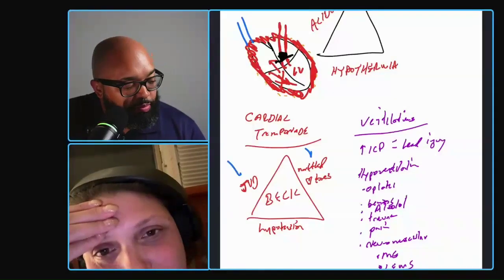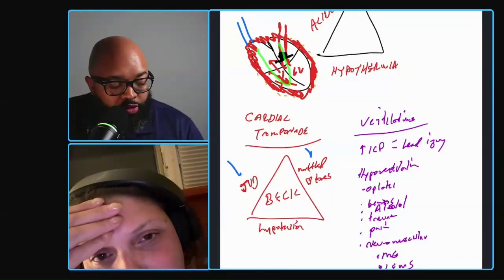Okay. The JVD is because of a backup. Since blood is not able to pump in the normal direction, it backs up.